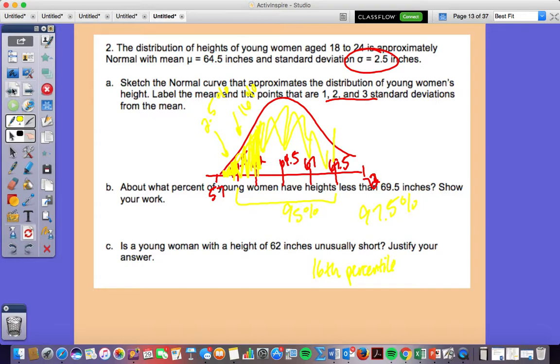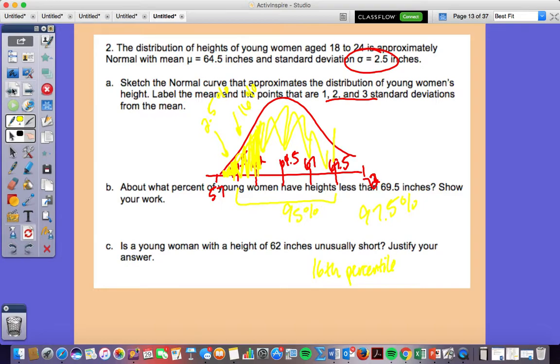But Grace said, well, is that unusually short? You could argue that, as long as you provide the same evidence of saying, well, actually, there's 84% of people that are higher than her. She's short, but maybe not unusually short. I'm fine with that, as long as you explain that there. Okay? Questions? Cool.